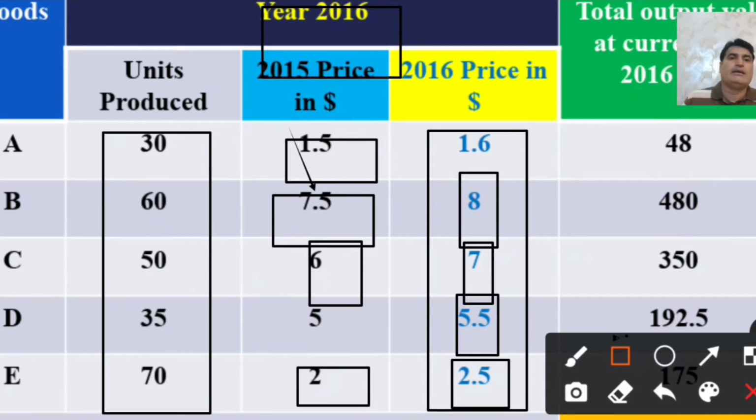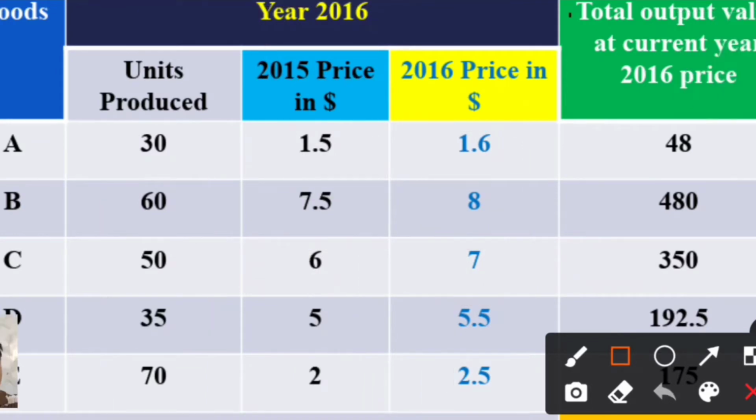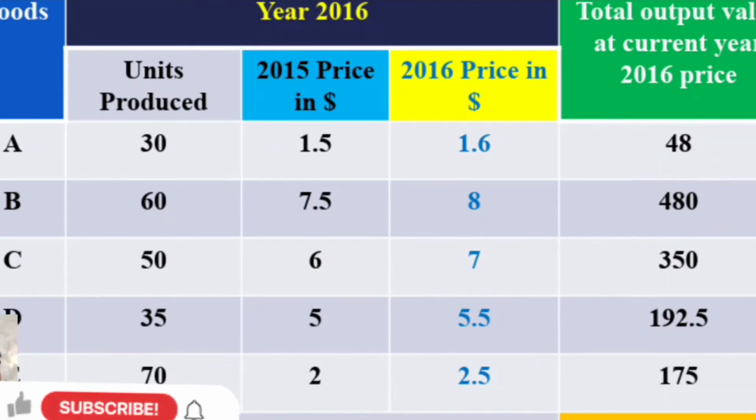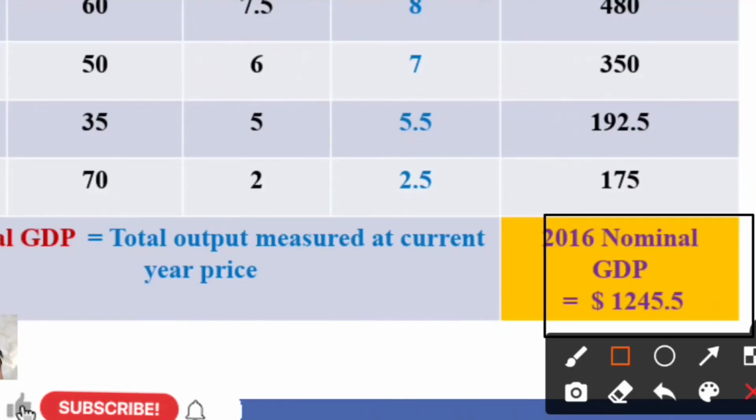It means prices show a rise due to inflation. Total output value at current year price 2016 is 48, 480, 350 and so on. So the total output at current year price is $1,245.5. This is the nominal GDP for the year 2016.